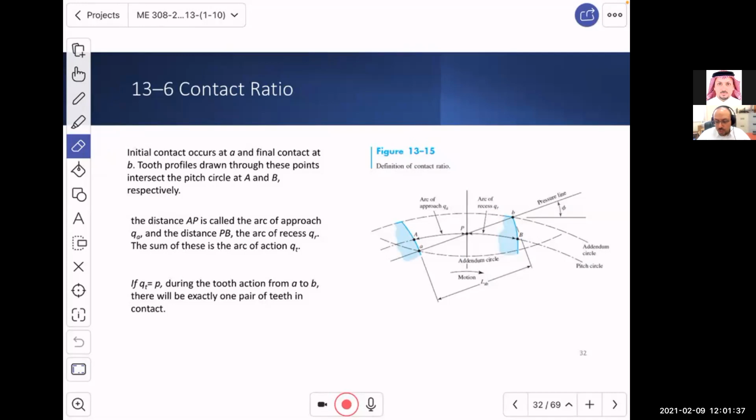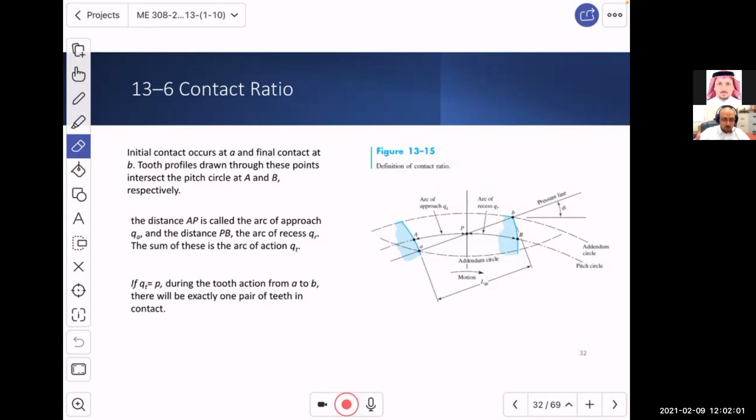So last time we stopped at this slide, which is about the contact ratio. I am not going to spend too much time on this because we have seen it with our eyes in the simulation at the last class.